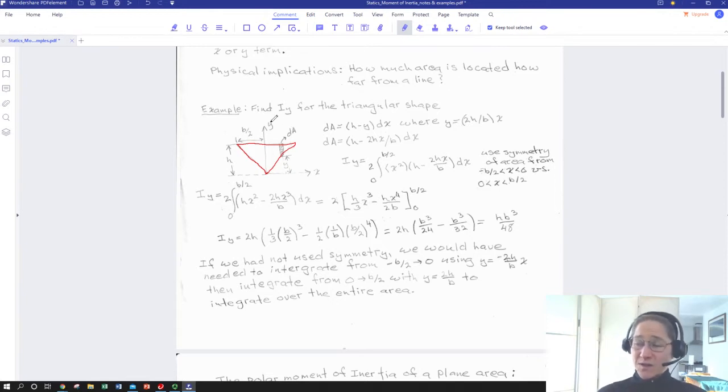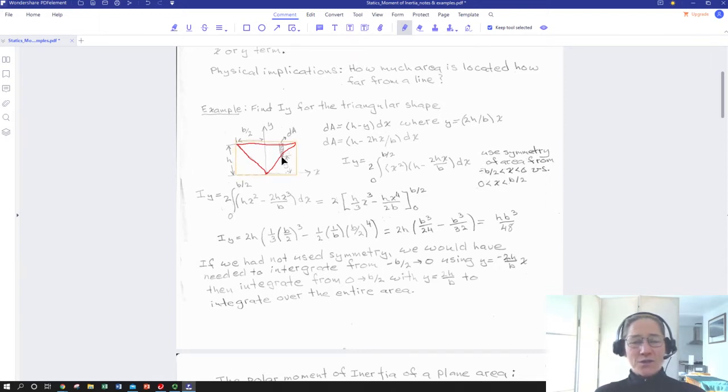So just like we did with centroid, the key to moment of inertia is, not surprisingly, finding a differential area unit, in this case being 2D, in which every bit of that differential area is at the same x distance from our y-axis, because we're going to integrate with respect to x.